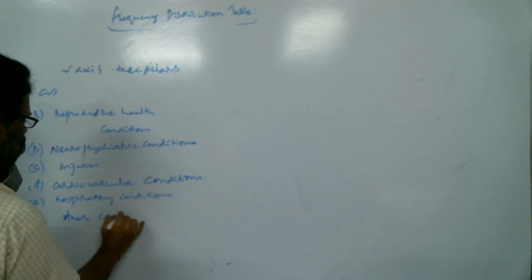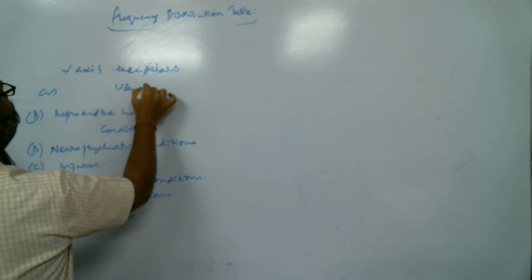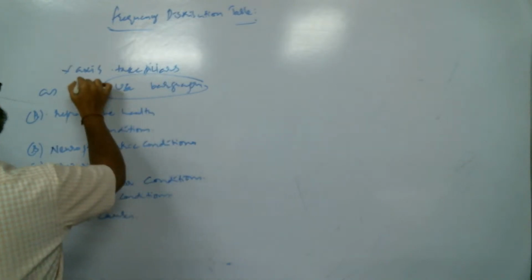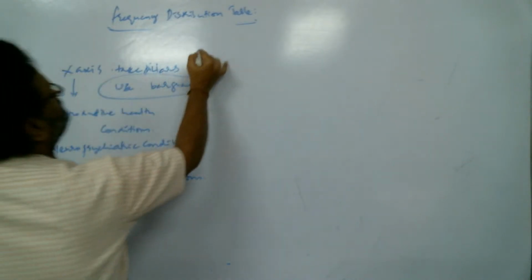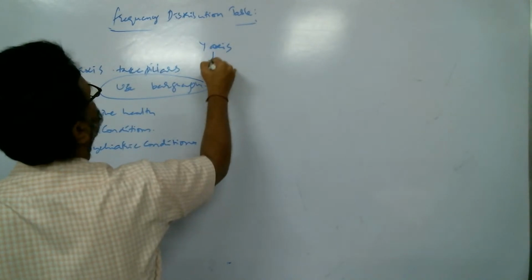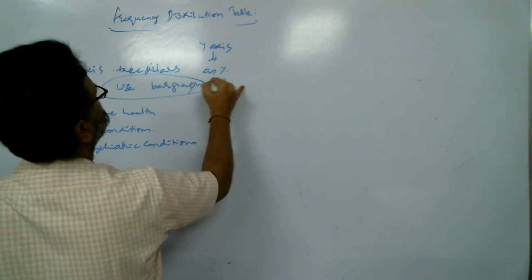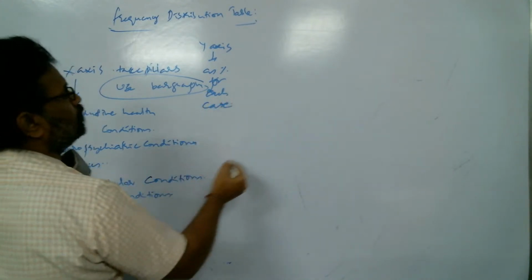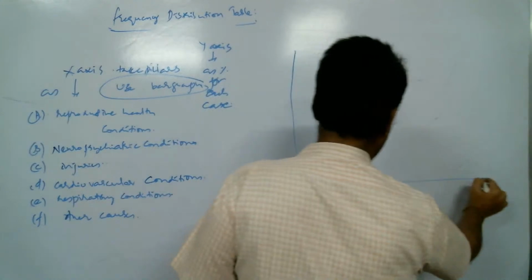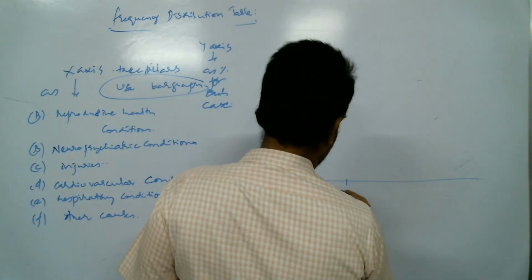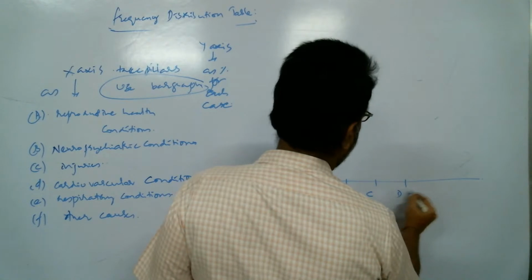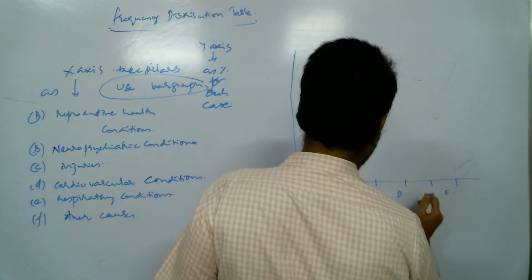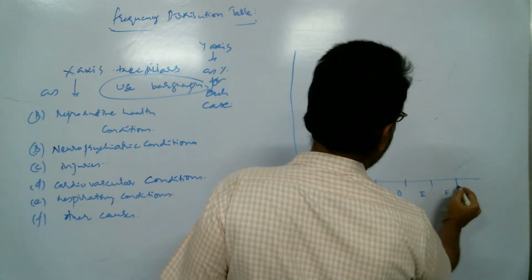So use a bar graph. Okay. On the x-axis you take all these. On the y-axis you take percentage for each case. So you take the pillars like this. This is A, B, C, D, E, F, like this.